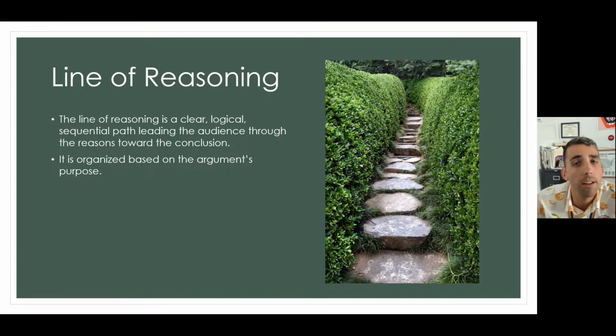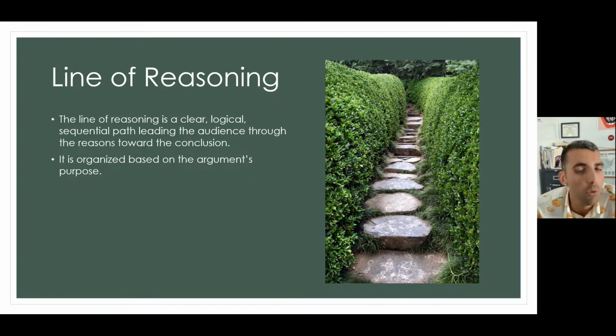Whether you're grouping things together that are like-minded, or building a map that leads to a specific destination, it's just the organization that you use, and it should make sense. The line of reason is important because we want our reader to follow along so well that at the end they now agree with what we're trying to sway them to agree to.